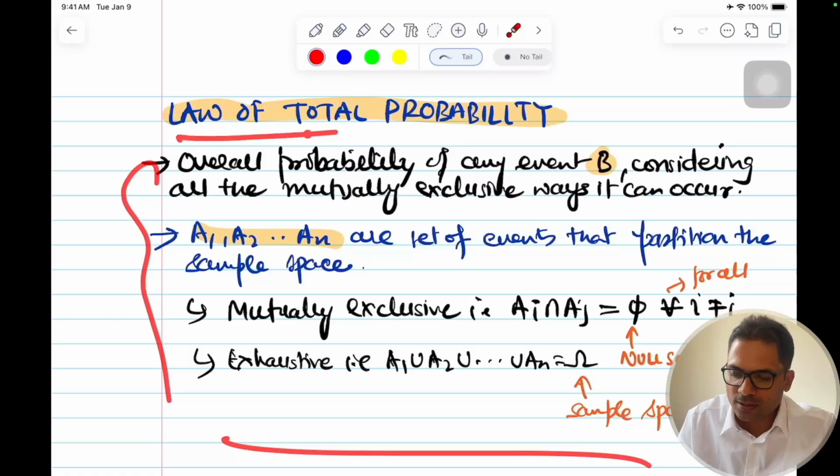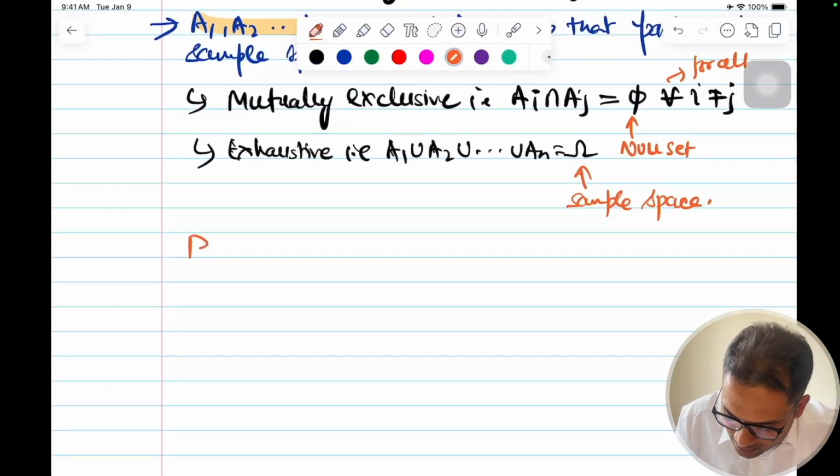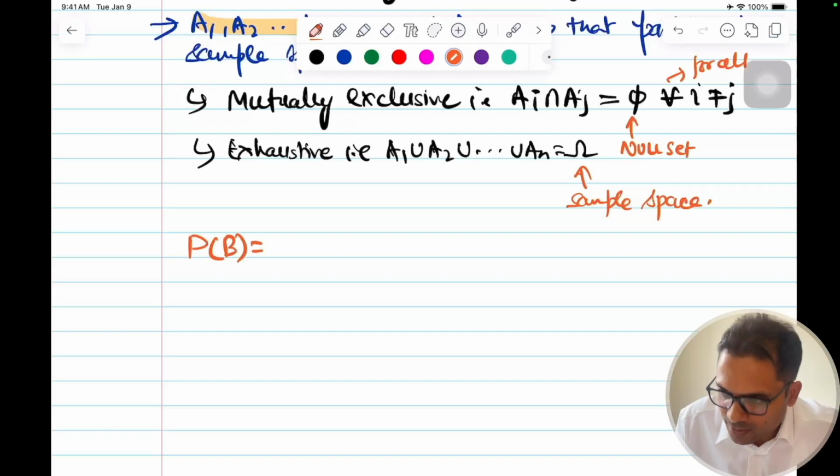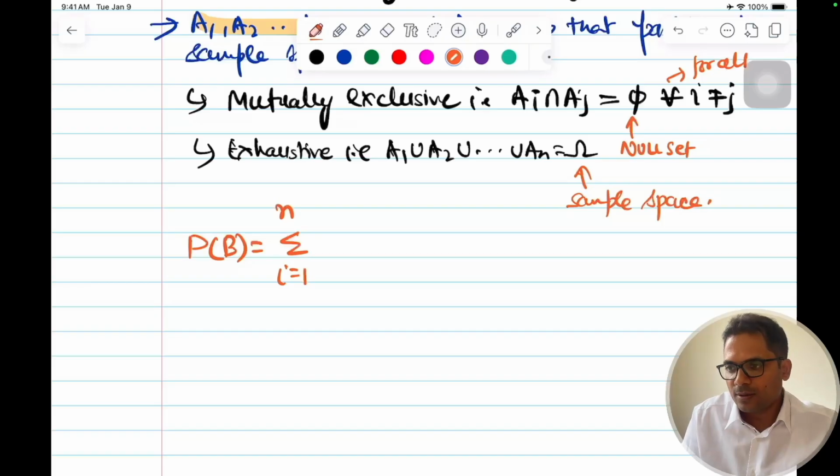This is my law of total probability, and using this, how will I write B? Probability of B is given by the sum over i equal to 1 to n of probability of Ai into probability of B given Ai.